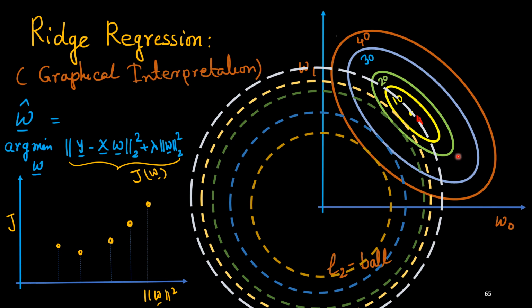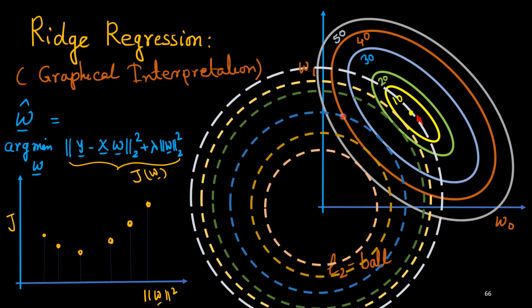And again if you go further, this part is reducing, but this part is increasing rapidly. When we move to this side, the first part is increasing and the second part is reducing. But total error can have this kind of shape, right?